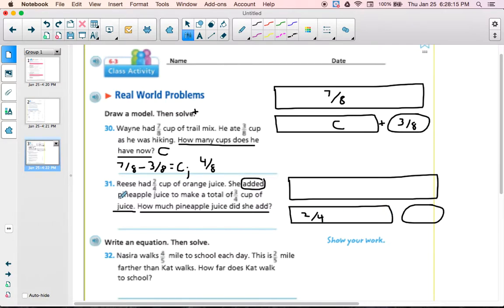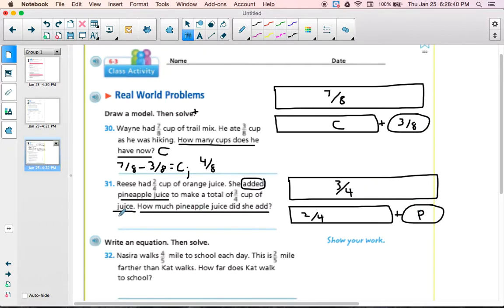Then she added some pineapple juice. We don't know how much pineapple juice to make a total of 3/4 cup of juice. So we know she has 3/4 cup total of juice. She had 2/4 cup of orange juice and she added some pineapple juice, but we don't know how much that was. So if we take these two and add them together, we should get the total.